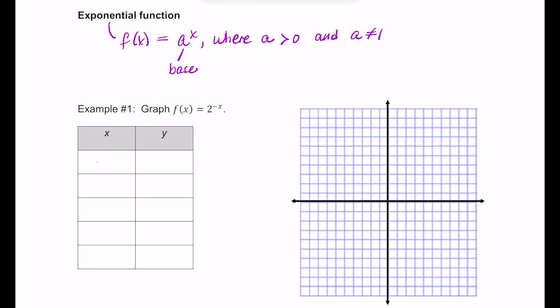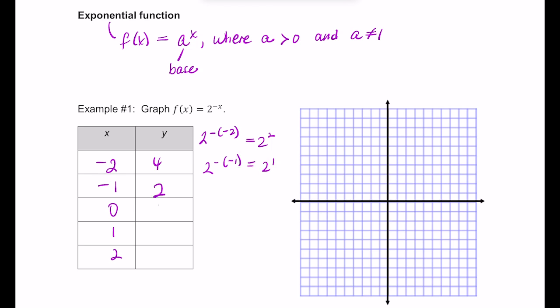So let's say we plug in -2, -1, 0, 1, and 2. If I plug in -2 for x, really what I have there is 2 to the second, which we know is 4. 2 to the -1 is really just 2 to the first, which is 2.